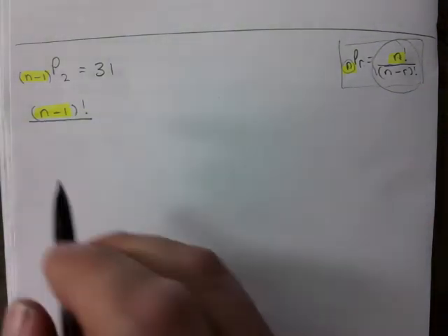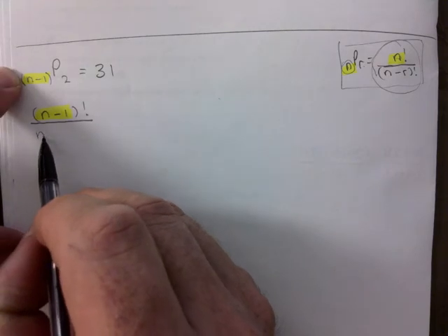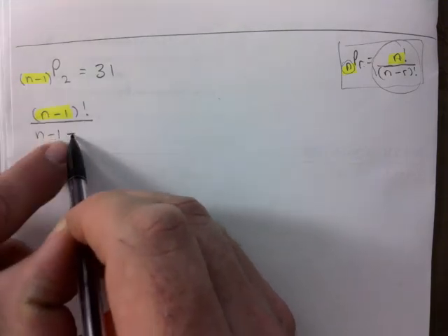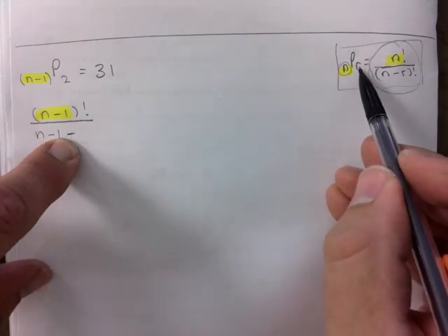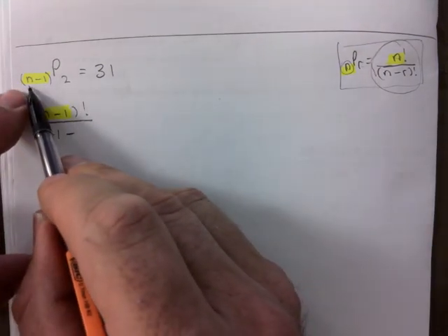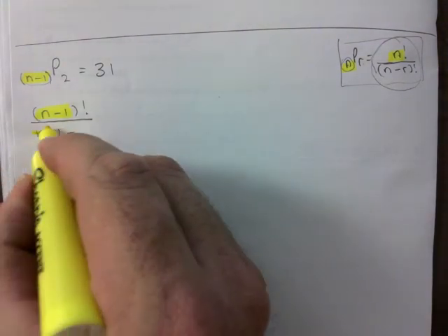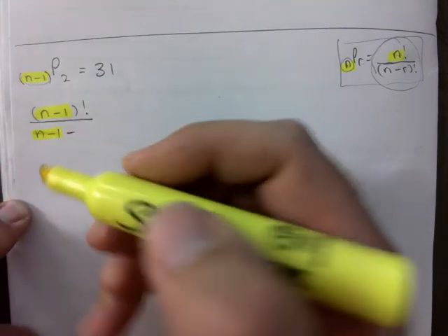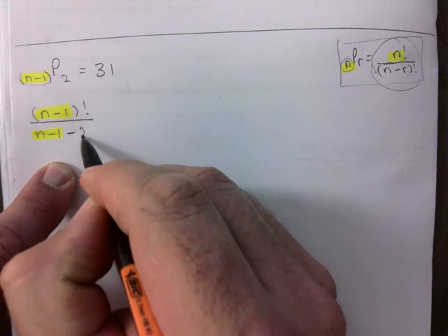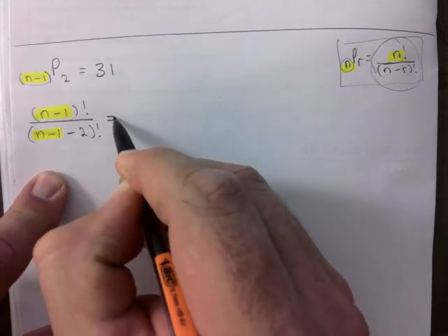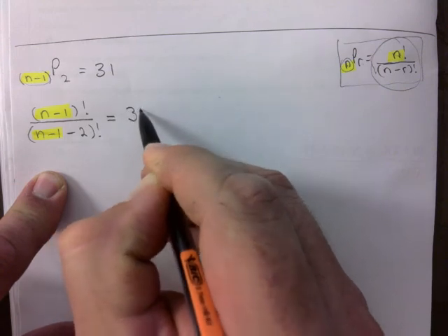And then what goes at the bottom? It's n minus r. In this case, this is like your n, so it comes back here. N minus r, and r happens to be 2, all of that factorial. And remember that on the right-hand side, you still have the 31.